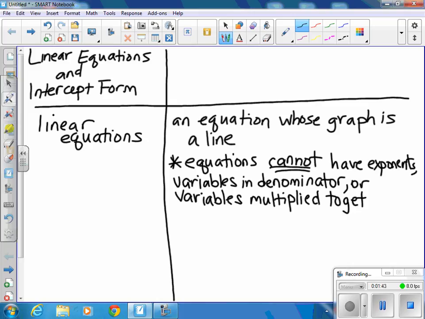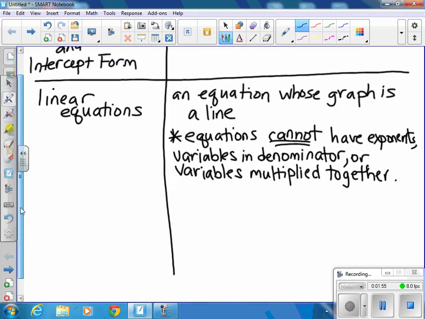If you see either one of these three things, or maybe a combination of any of the three, then you know that the equation that you are dealing with is not linear. Okay, if none of these exist, then the equation you've got is a linear equation.